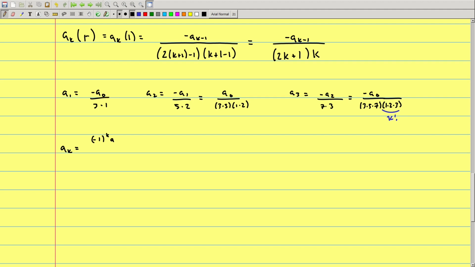negative 1 to the k power times a naught, and then we have to do the trick with odd numbers.